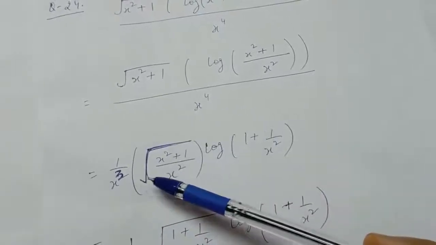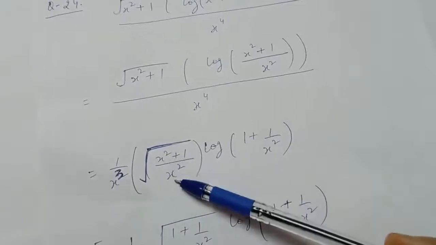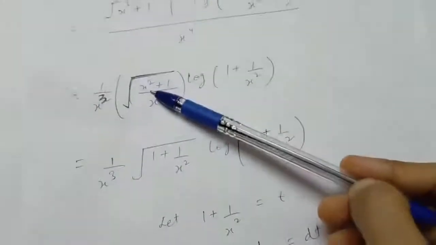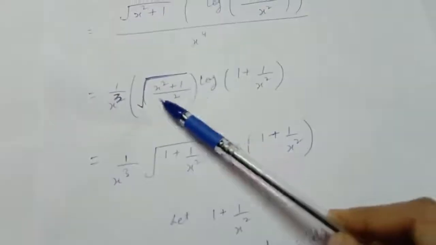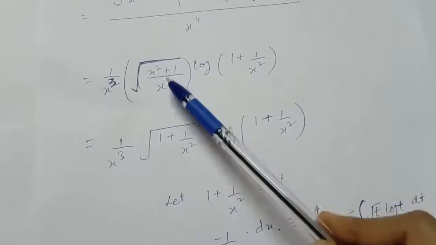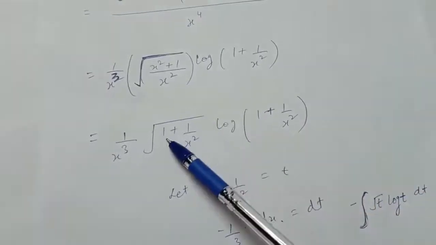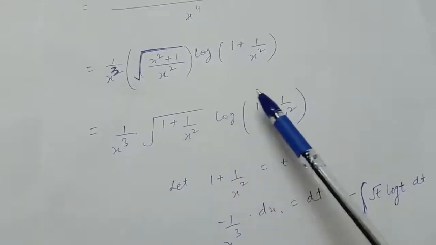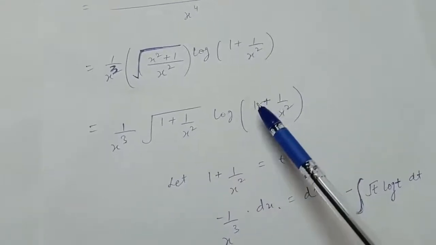So taking 1 by x inside the root, it will be 1 upon x square, and this term as it is. Why we have done this? So that this term also becomes equal to this term, right? Now divide the x square plus 1 with x square, you will get 1 plus 1 by x square. Now these two terms are same.